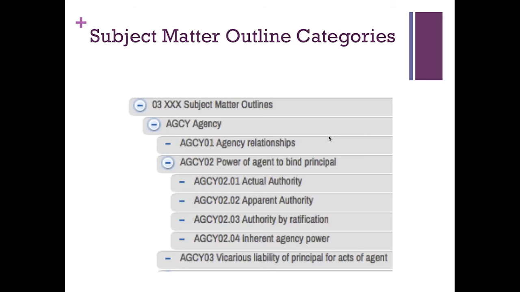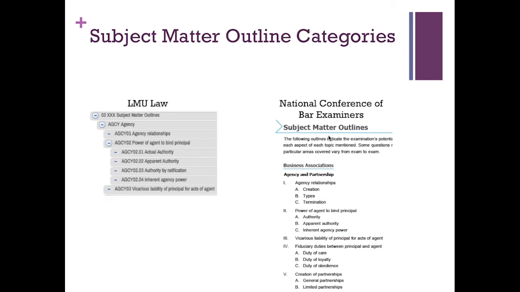And generally speaking, like I said, these subject matter outlines are keyed to or resemble an outline produced and released by the National Conference of Bar Examiners, slightly modified based on what we feel should be emphasized in terms of what they need to know for success in law school and the bar exam.